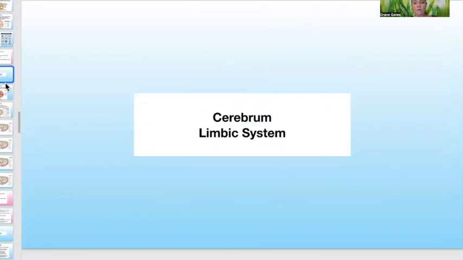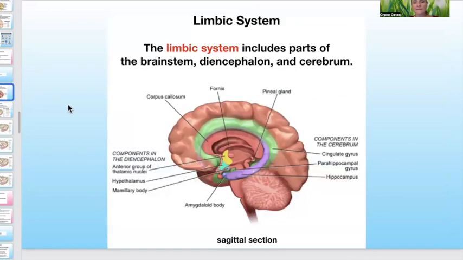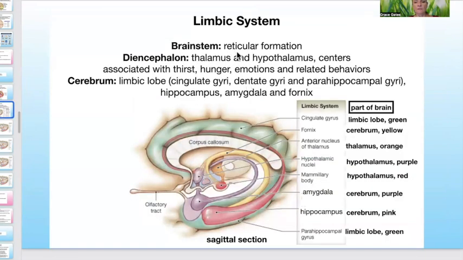Okay, so this cerebrum, the limbic system. The limbic system includes parts of the brainstem, diencephalon, and cerebrum. And you see here a list of the parts. In the brainstem, there's the reticular formation. In the diencephalon, there's the thalamus and hypothalamus, in particular centers that are associated with thirst, hunger, emotions, and their related behaviors.